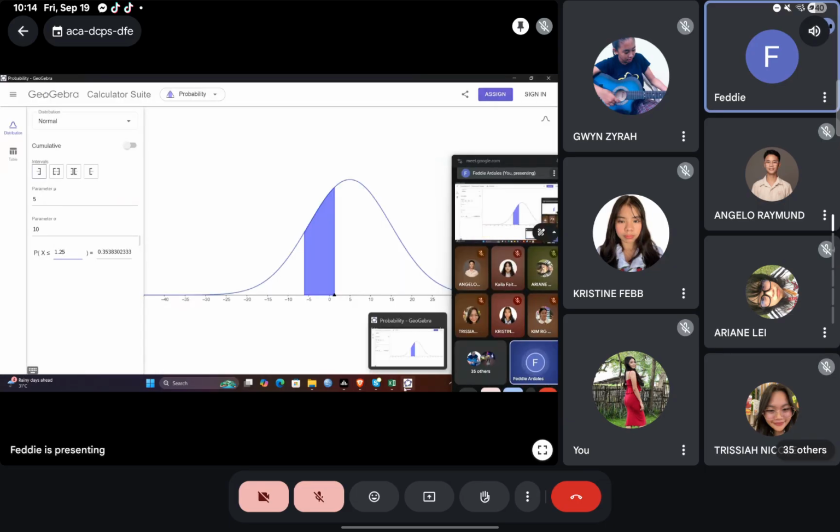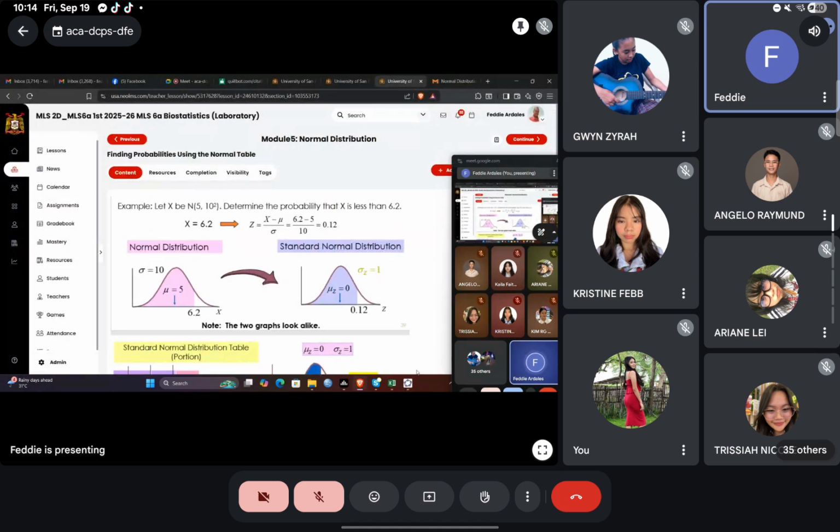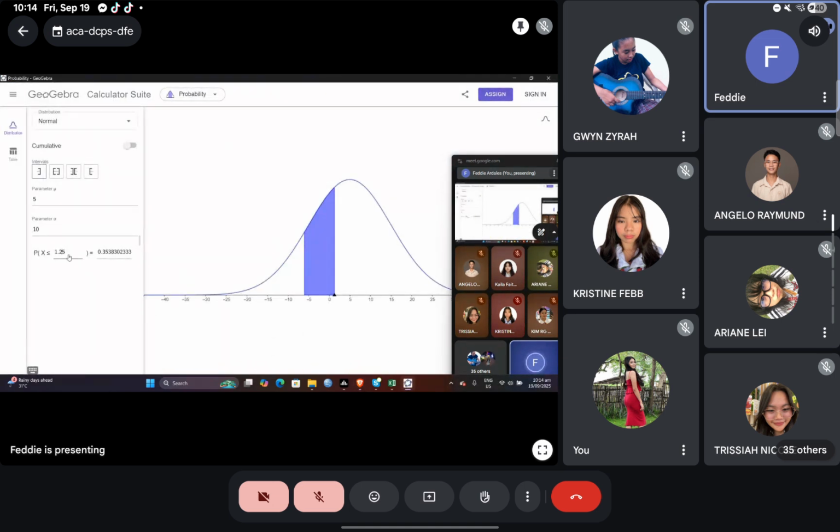Let's try to compute this one. Do you have an idea here? The area for less than 6.2.